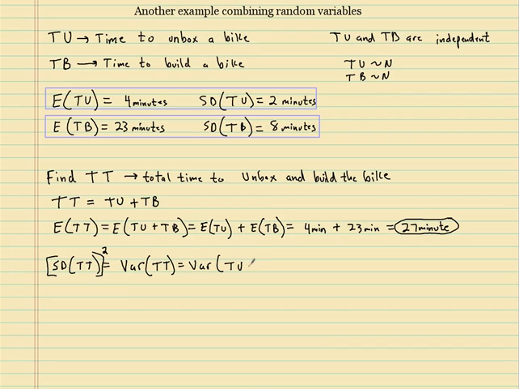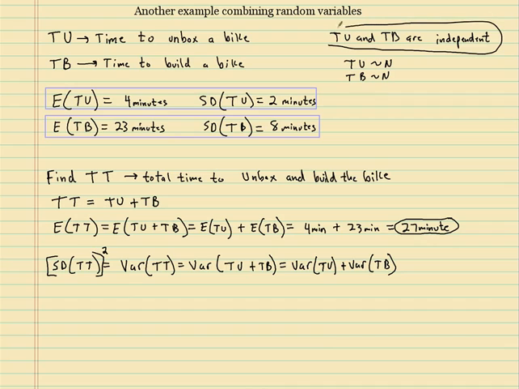TU plus TB, which equals, using our formula, the variance of TU plus the variance of TB. And what has to be true to use this formula? This has to be true: the variables must be independent. Without that condition, we wouldn't be able to do this.